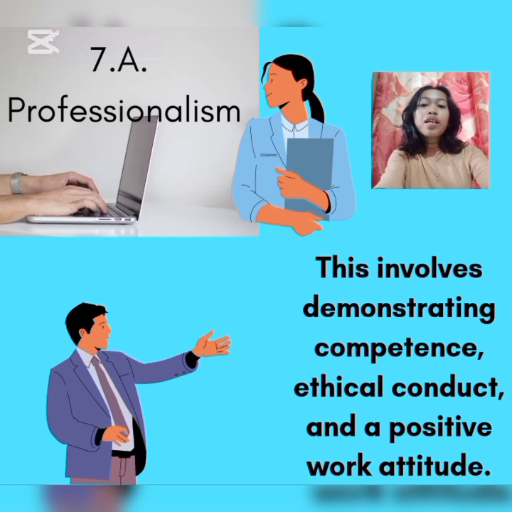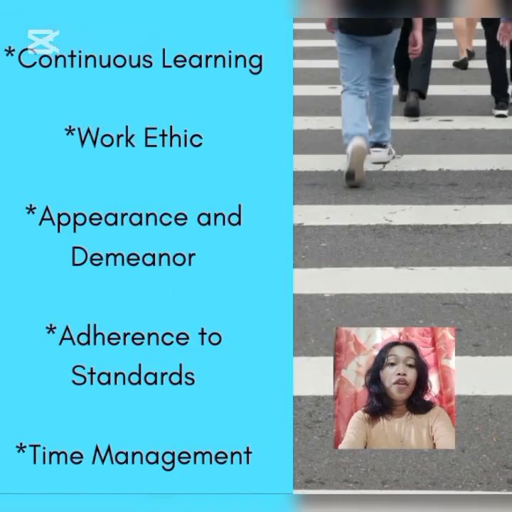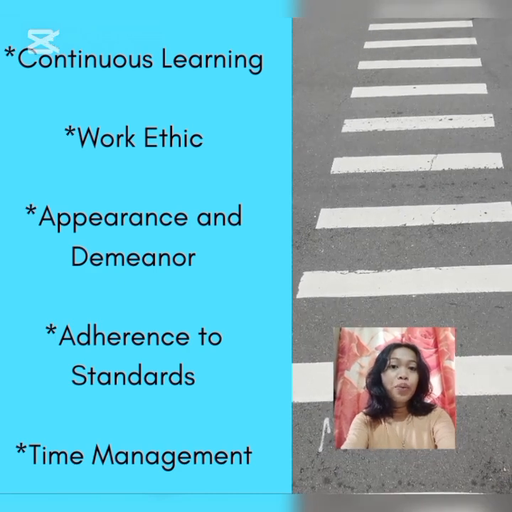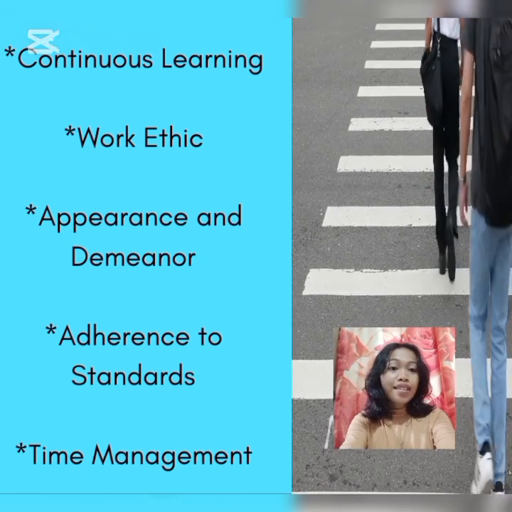Obviously, when you say professionalism, this is upholding high standards of work. Of course, you should be reliable, responsible, and also respectful of your colleagues. These are the key aspects of professionalism: continuous learning, work ethic, appearance and demeanor, adherence to standards, and time management.